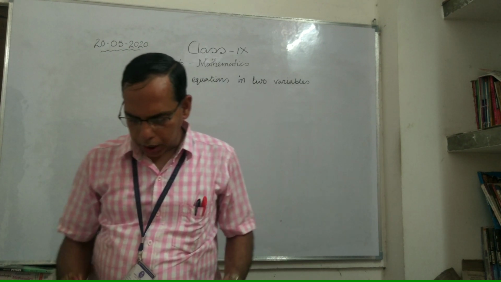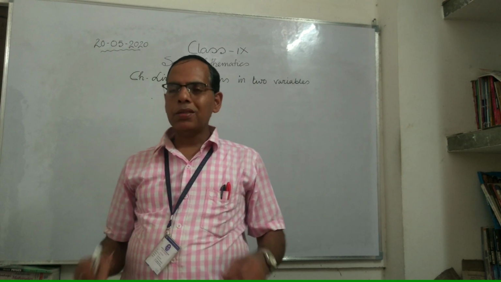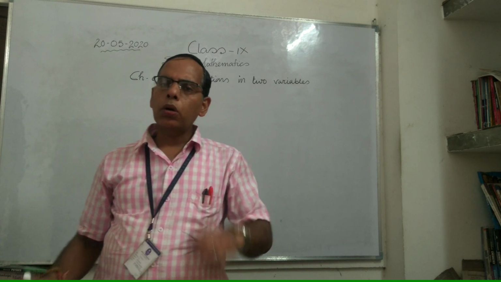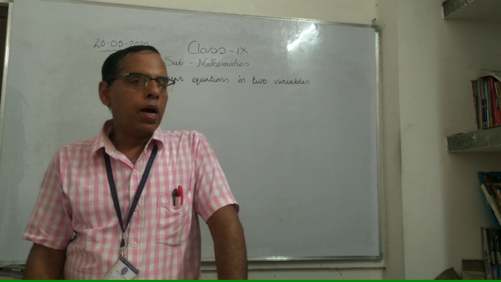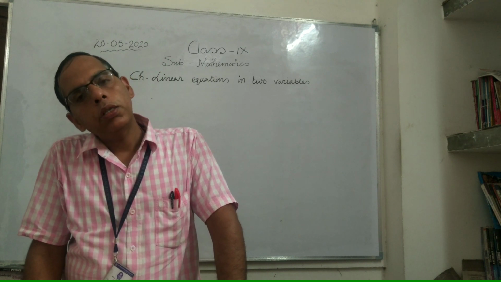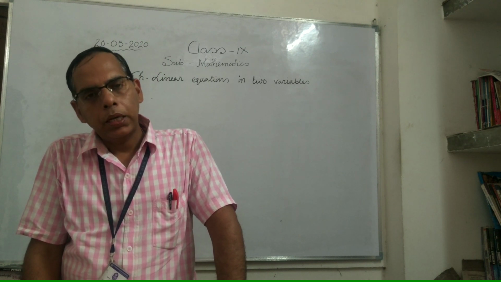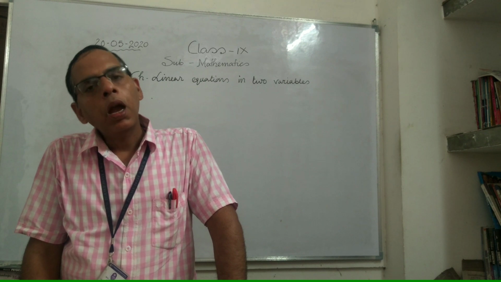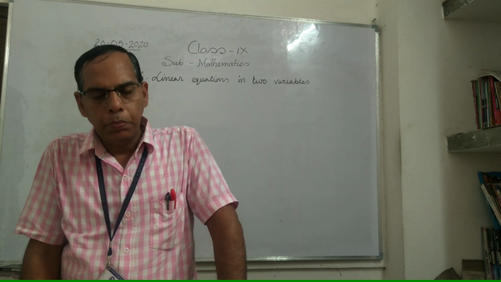Okay. Now today is a little bit different. One coordinate is given and they are asking in how many ways you can express that. In how many ways means how many equations can it be.